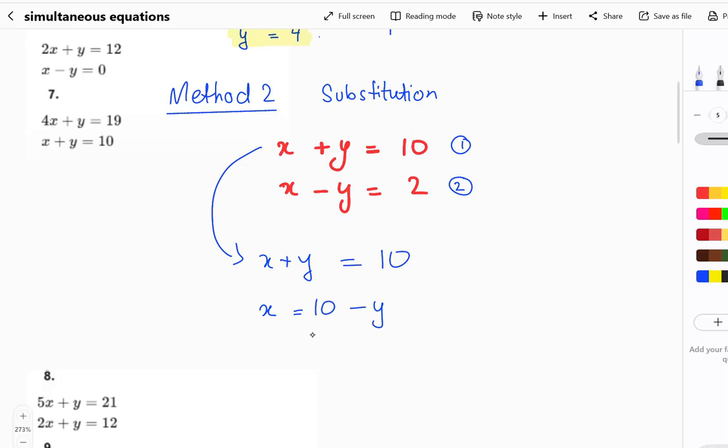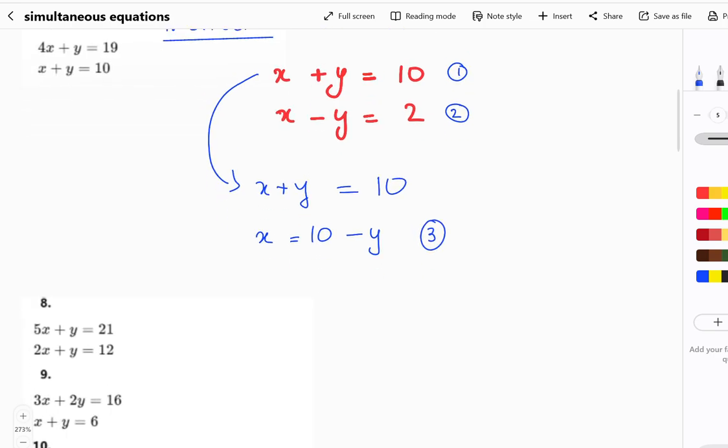Now this is an equation that we just made, and I'm going to name it equation 3. I'm going to use this equation in the second equation now, because I used equation 1 to make this. I've got another equation now and I'm going to use it in equation 2.